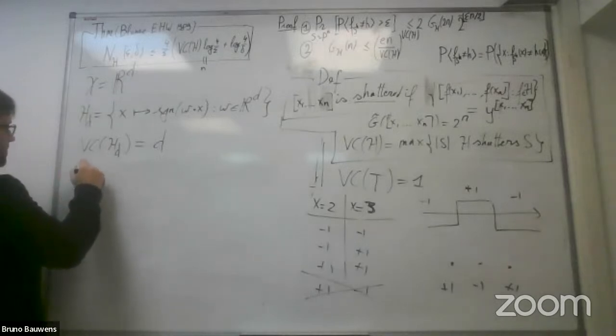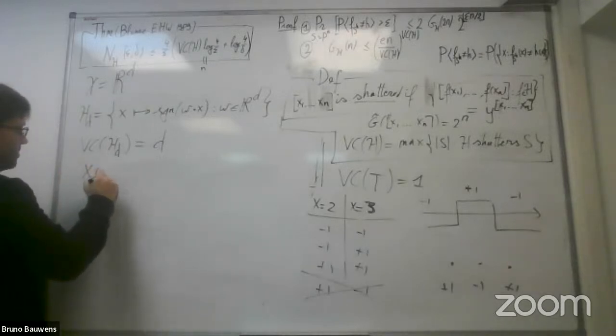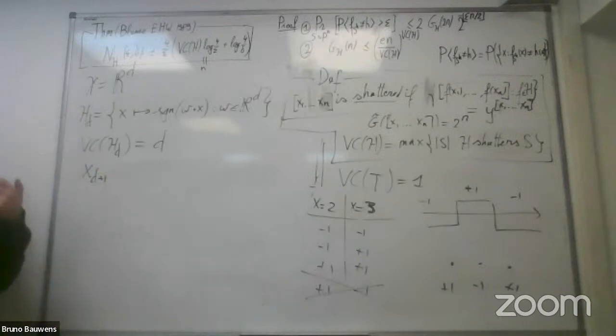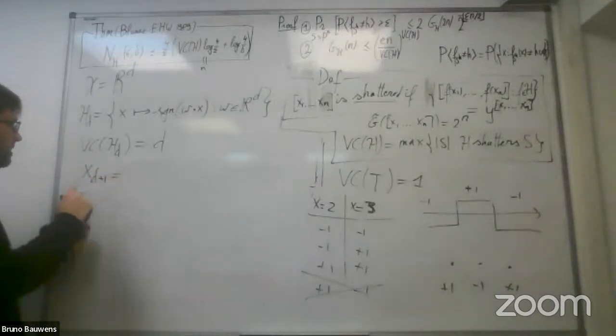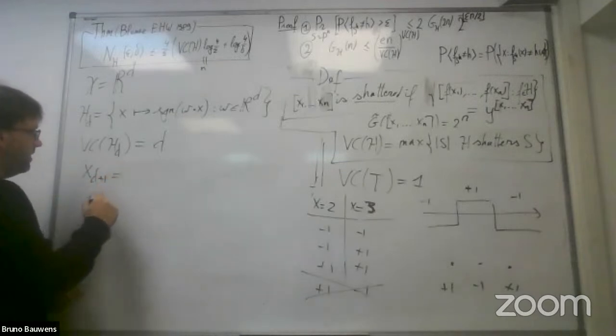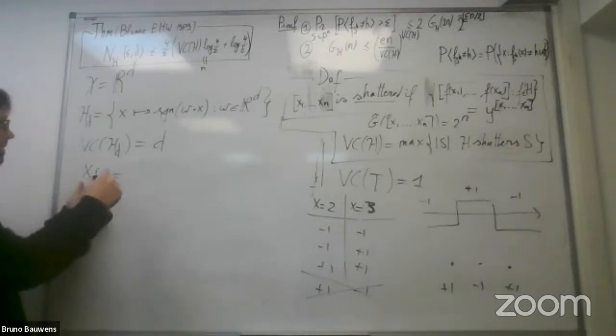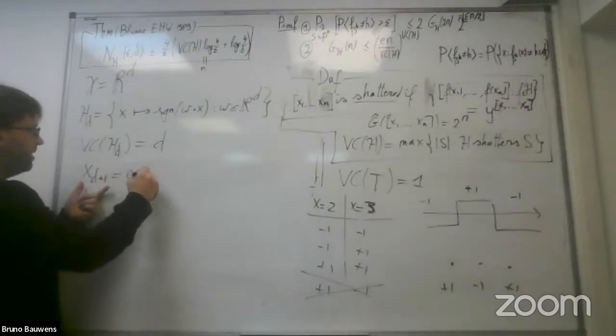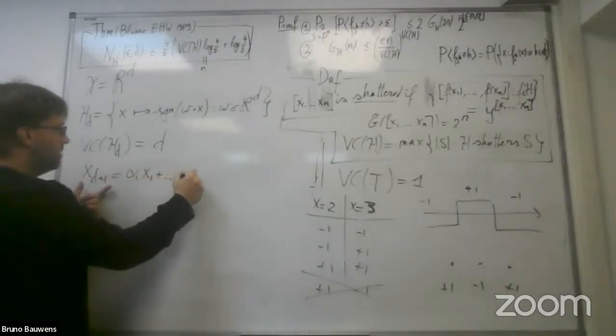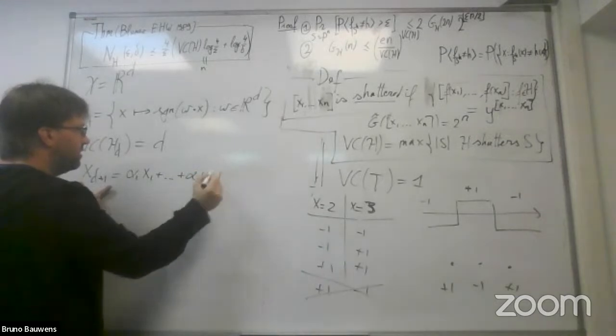So let us say we have x_{d+1}. If there are d plus 1 points, it means that one point must be a linear combination of the other points. So we consider any d plus 1 points, and let us say that the last one is a linear combination of the first ones. If it's not true, then rearrange the order. So we have alpha_1 x_1 plus through alpha_d x_d.